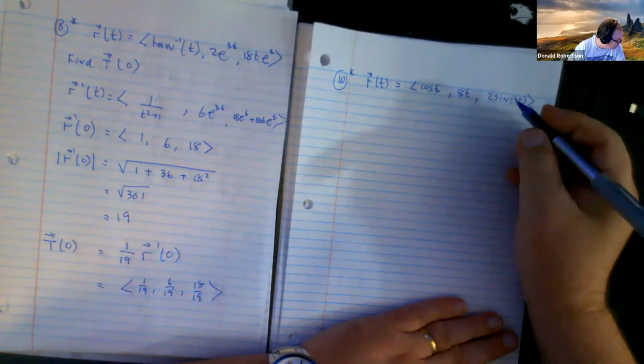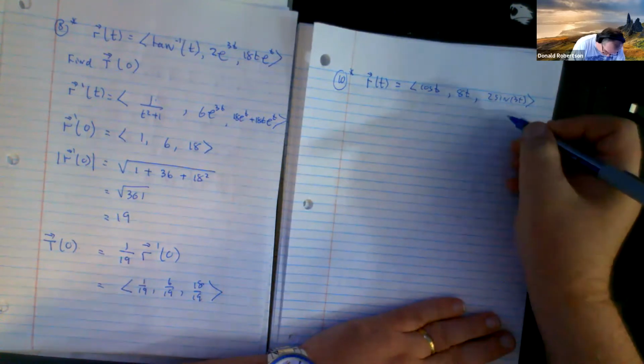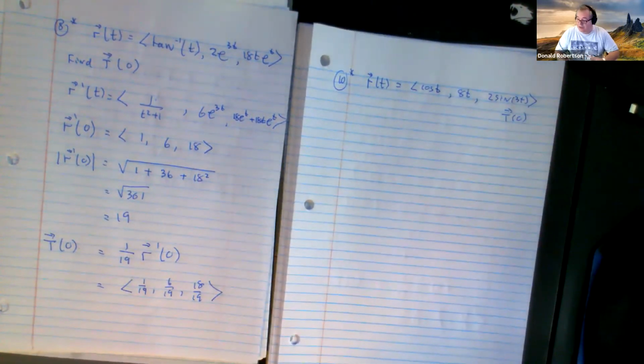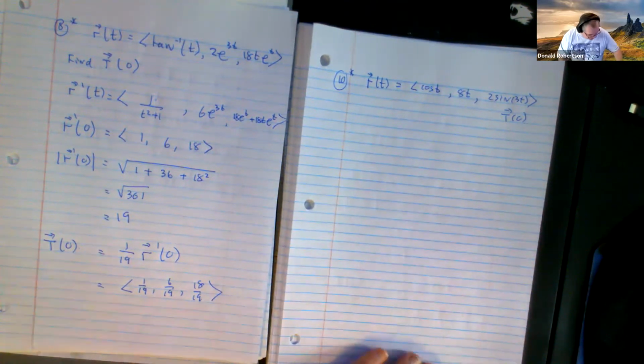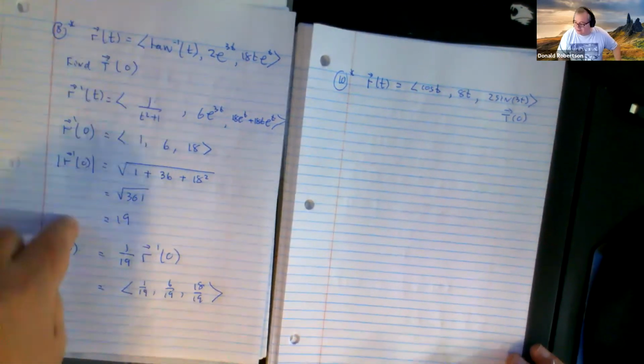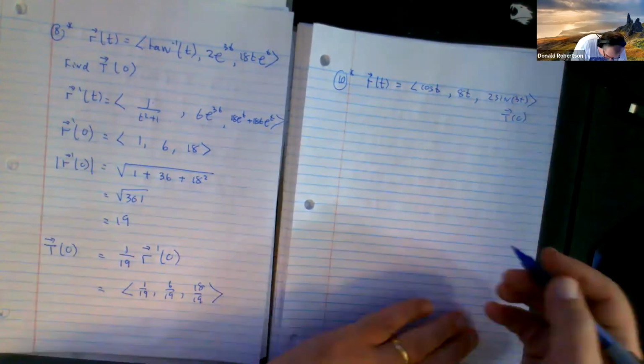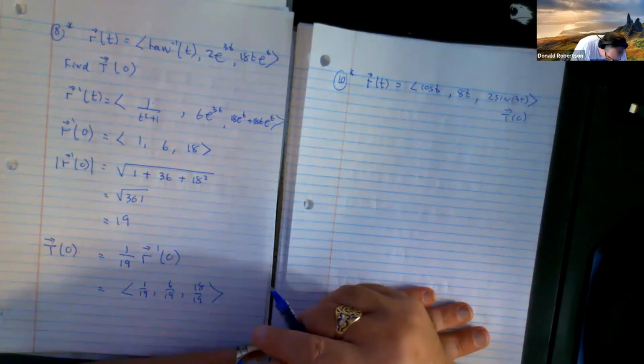We're being asked to find eventually the unit tangent at 0. But it's one of those questions where they tell you to find the derivative. I mean, they tell you to find all these guys, right? They say A, B, C, D. So I'm just going through it as if that's what was being asked.